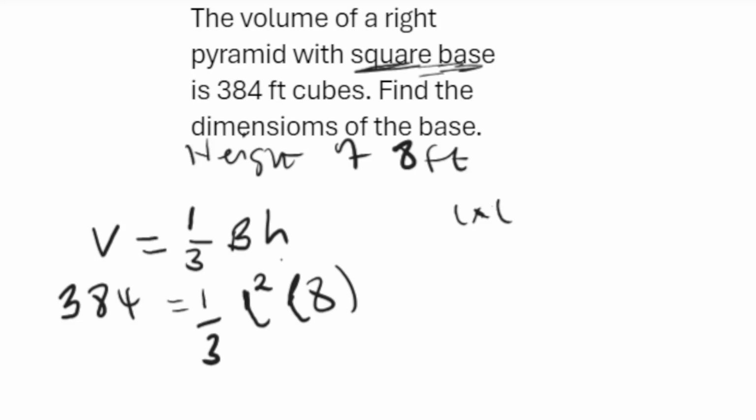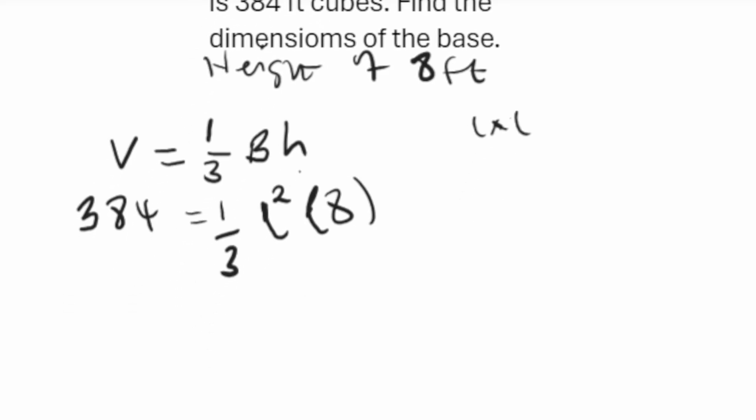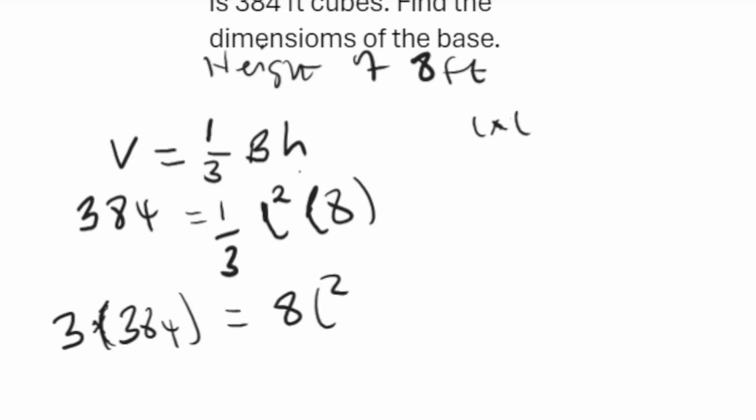You multiply through by 3. So you're going to get 3 times 384, which is equal to 8L squared. My calculator says 3 times 384 is going to give me 1152. Then you divide through by 8.